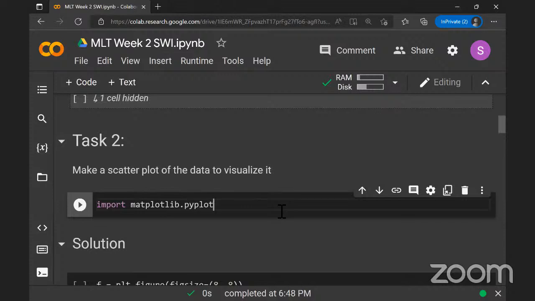The PyPlot library sits inside the Matplotlib library. PyPlot actually came later, so it's a child of Matplotlib. Earlier it was Matplotlib, which was used primarily for graphing purposes or creating charts.